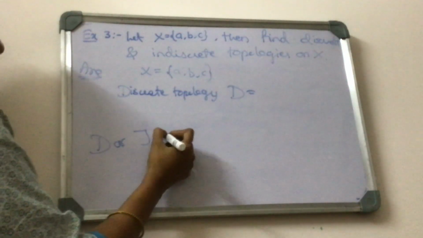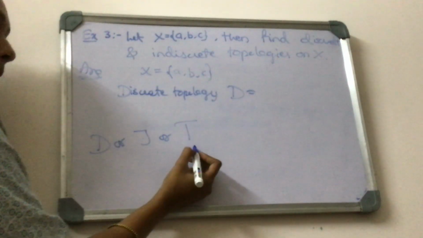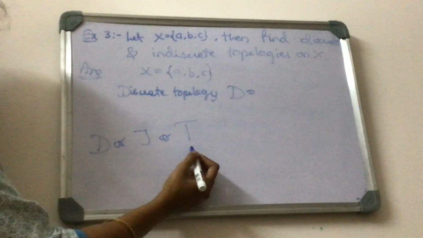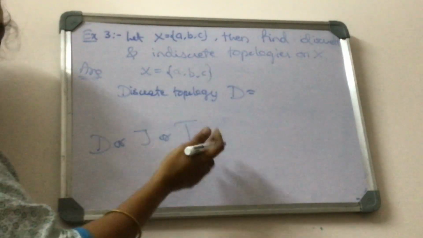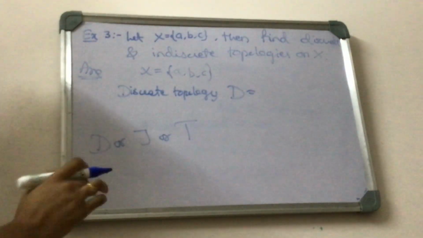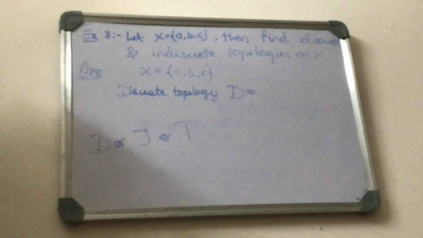In the question paper they will mention T only, not tau. T and tau are the same, and D means it is specifically for discrete.